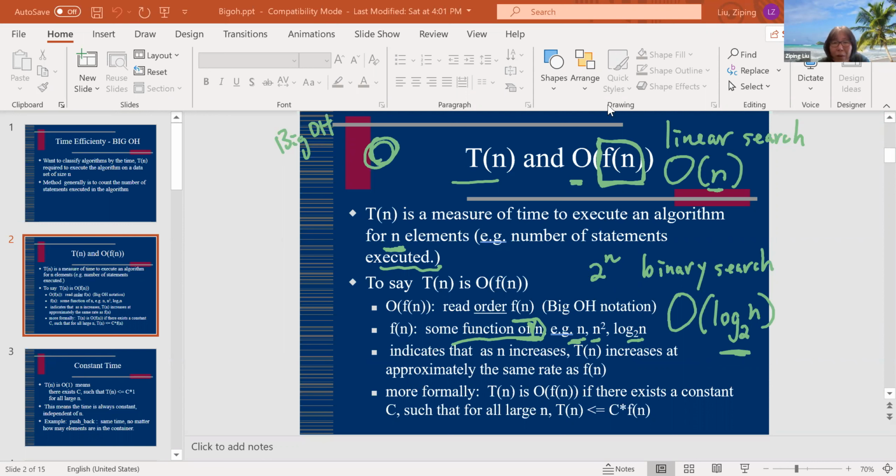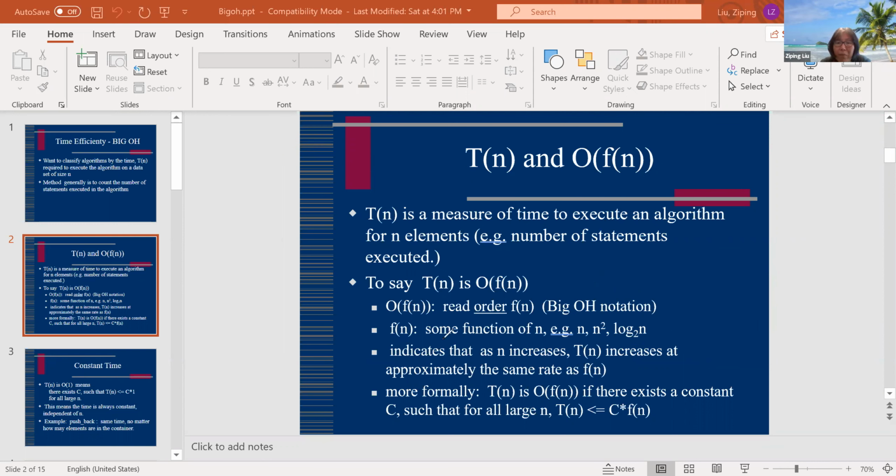So that's what we care about. This is our goal: the goal is to find this f(n). From our algorithm, we can calculate T(n), and from this T(n) we are going to find this f(n).